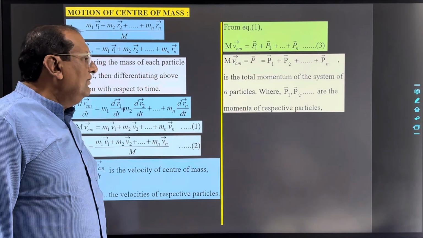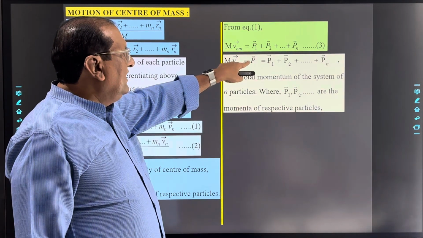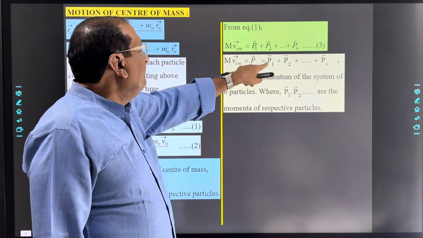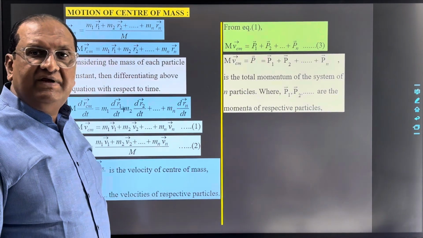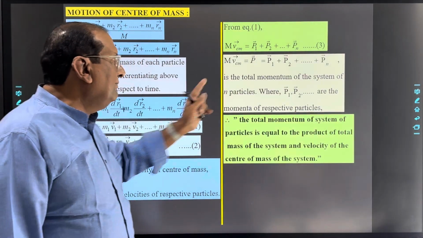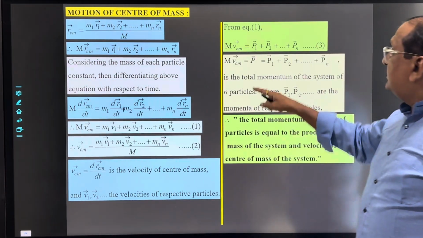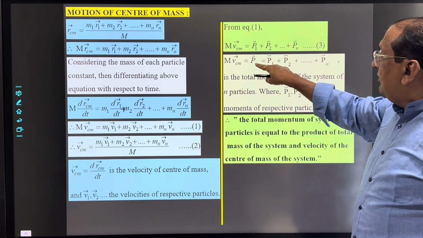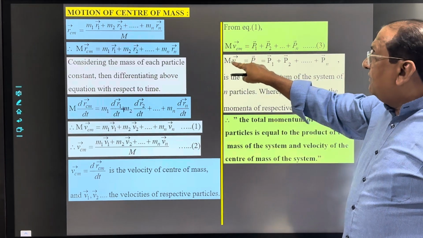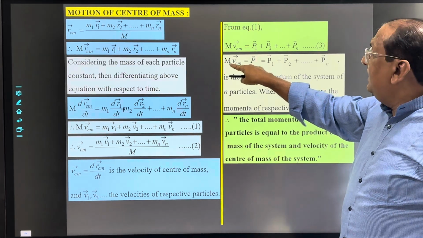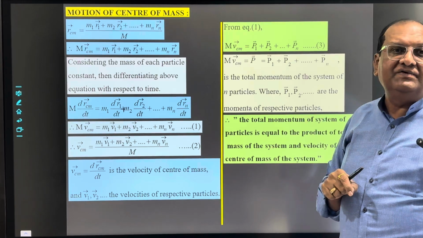Here P is the total linear momentum of the system of particles, and P1, P2, P3 up to Pn are the individual linear momenta of the constituent particles. See the result: the total linear momentum of a system of particles is equal to the product of the mass of the system and the velocity of the center of mass of the system.